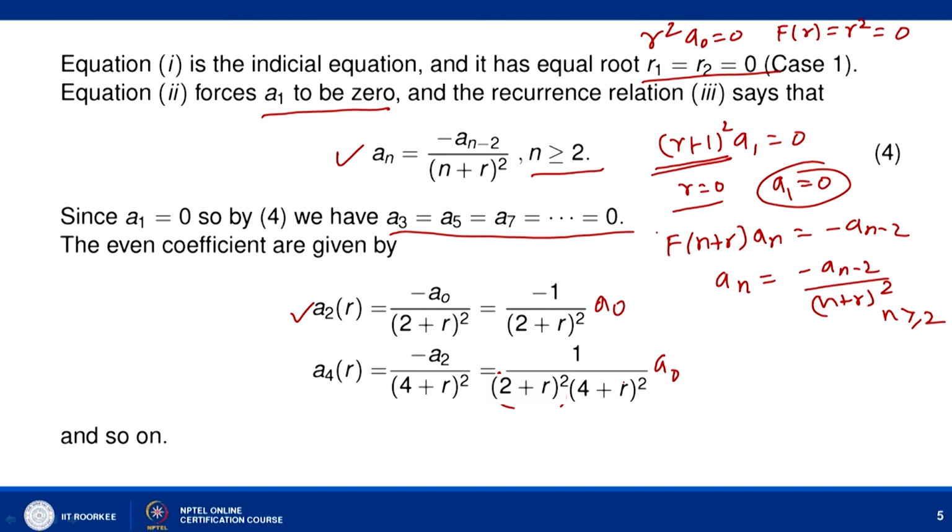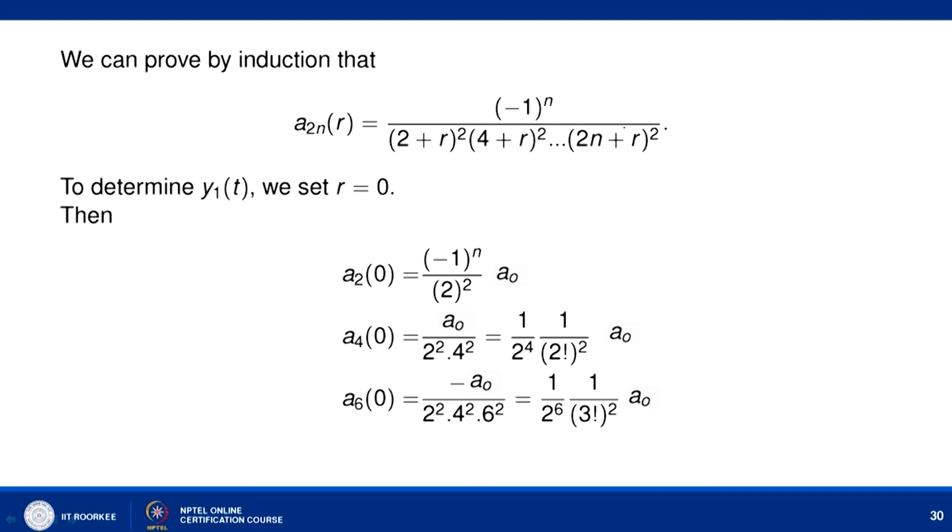We can write this formula as a2n of r equal to minus 1 to the power n, a0 upon (2 plus r) whole square, (4 plus r) whole square, and so on up to (2n plus r) whole square. To determine y1(t), we simply put r equal to 0, because here we have two roots, r1 equal to 0 equal to r2.